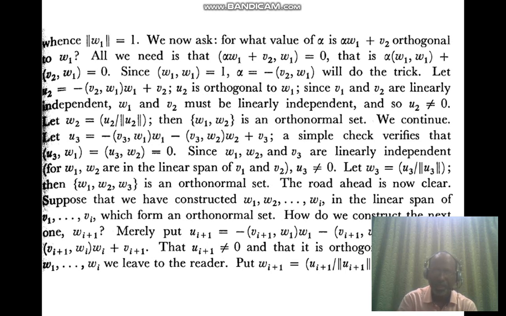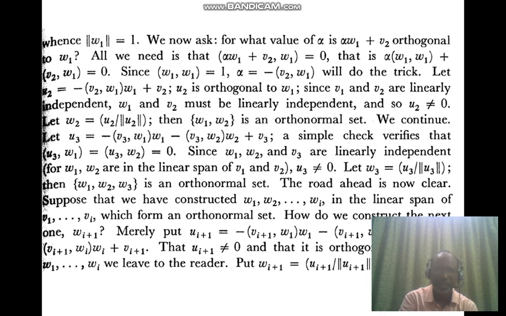So construct w(i+1) as u(i+1) divided by the norm of u(i+1). Take this regular formula and apply it from 1 to n, and you will get the wi values. So this is the simple process to find, given any arbitrary vectors, orthonormal vectors out of them.